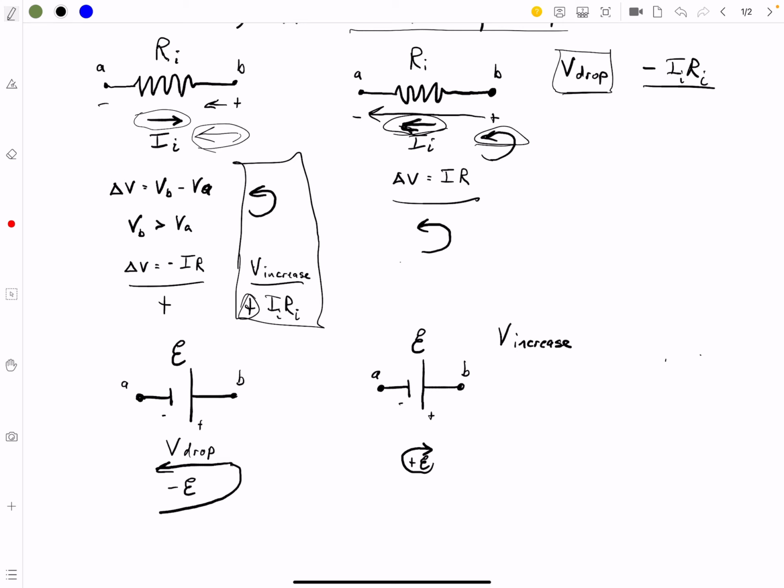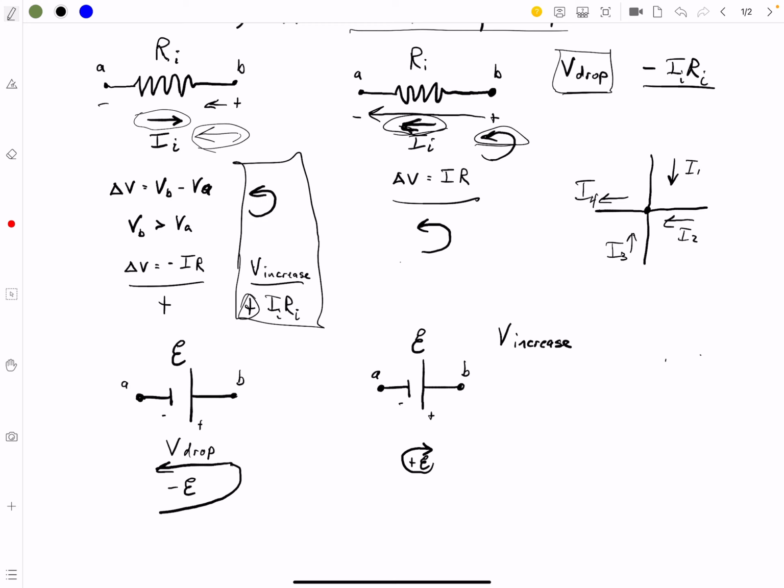And the junction rule is pretty simple. I think the junction rule is the simplest of all of them. If you guys want me to do it again, I'll do it. Here we have a junction. In fact, we can do 4. We can have I1 coming in there, I2 coming in there, I3. And then one of them has to be leaving. So let's do I4 as leaving.